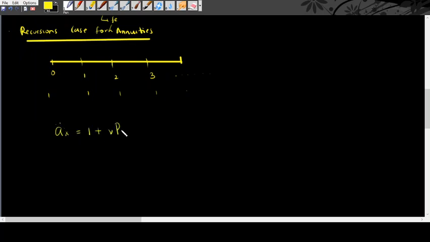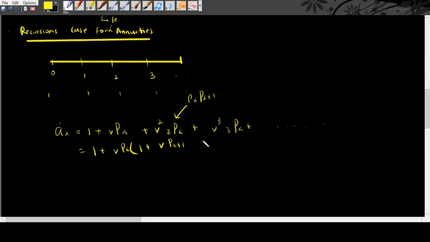Here we can say that the APV of these annuities equals 1 plus vp_x plus v^2 2p_x plus v^3 3p_x plus and so on. I can rewrite this as 1 plus vp_x times (1 plus vp_x+1), because 2p_x here, if we factor out vp_x, we are left over with v, and then 2p_x is p_x times p_x+1.